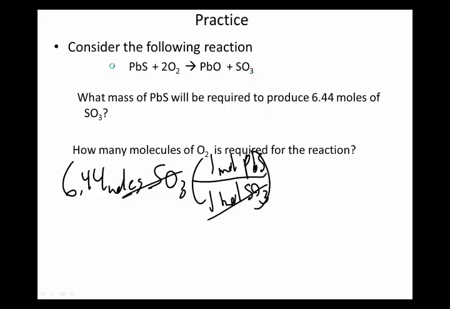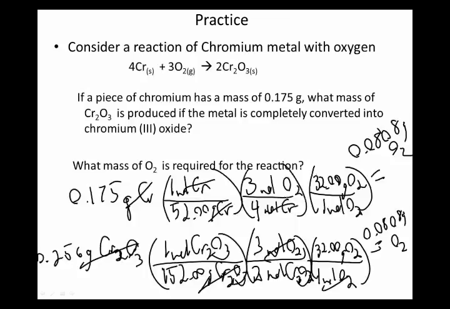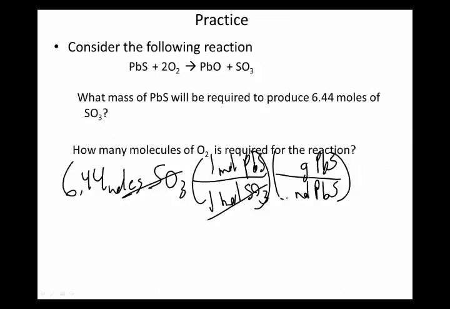And then all I need to do is convert to grams, so moles PbS, grams PbS. And so I just have to take the mass of lead plus the mass of sulfur, 239.27.